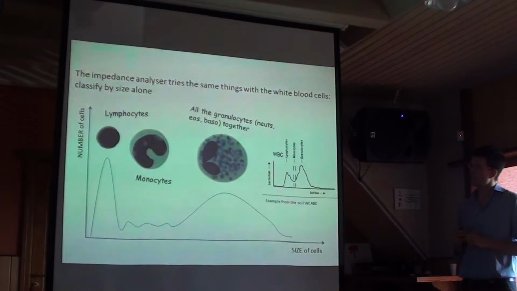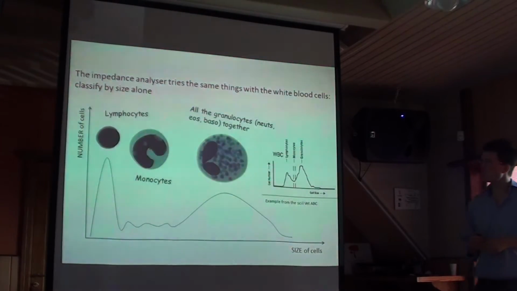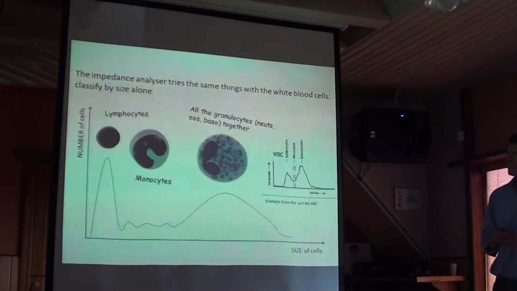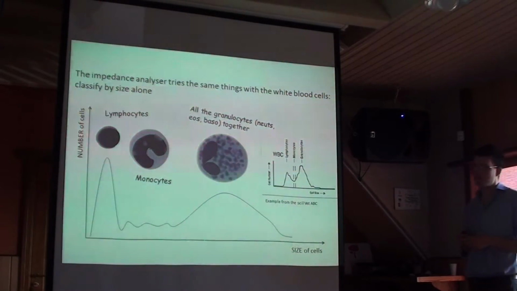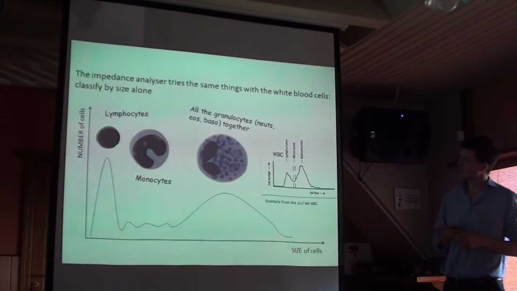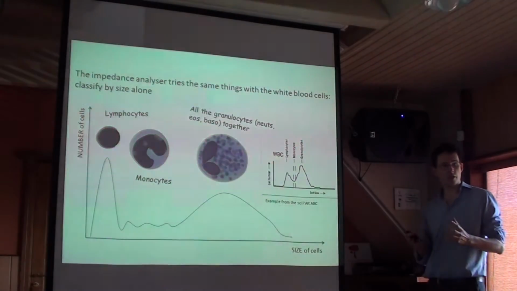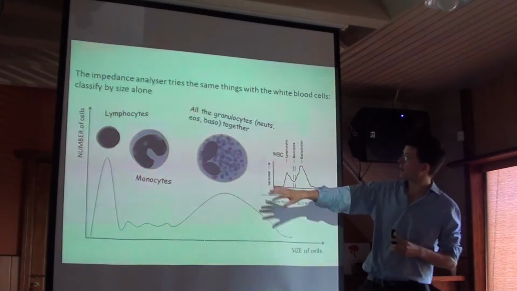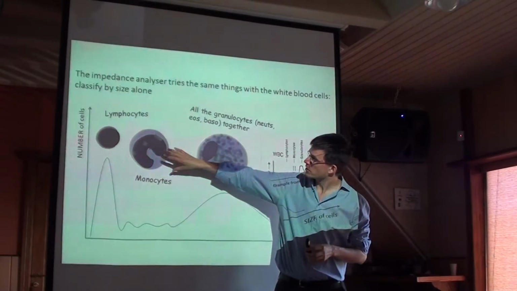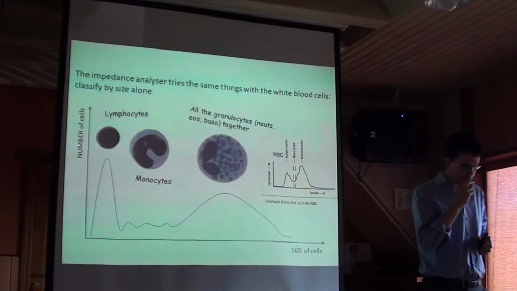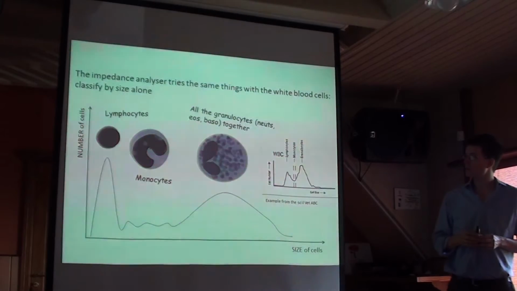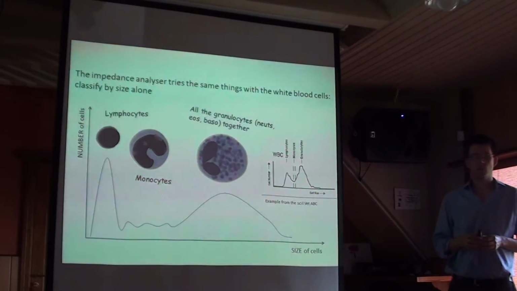Jälle need graafikud näevad keeruliselt välja, kuid tegelikult nad ei ole nii keerulised. Again, we have size of cells on this axis with bigger cells at this end, smaller cells at that end. Horisontaalteljel on siis rakkude suurus ehk et mida paremale, seda suuremad rakud. We are trying to divide the white blood cells into three parts: the granulocytes, the monocytes, and the lymphocytes. Siin on püütud siis jagada valged verelibled suuruse järgi erinevatesse rühmadesse.